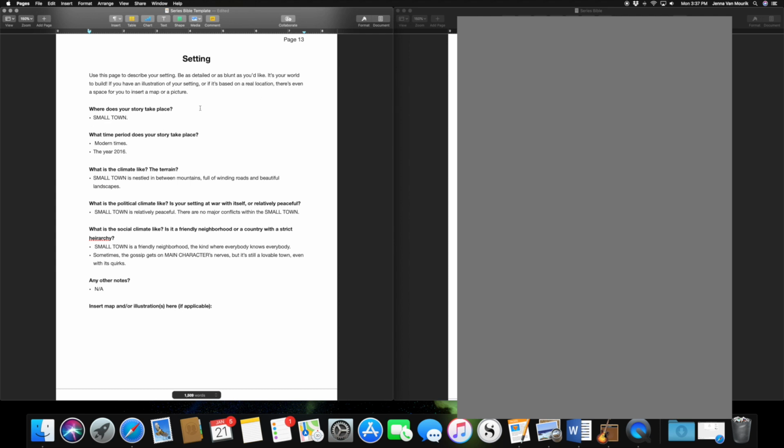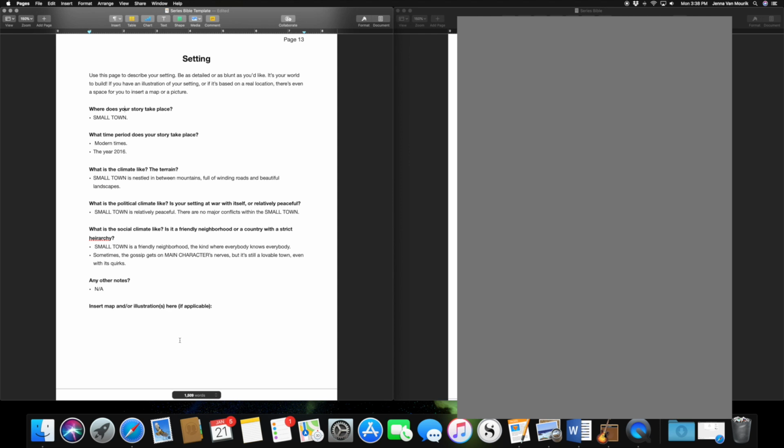If it's a fictional town or a fictional world that you made up, you can include as much background information as you'd like: social climate, political climate, actual climate, time period, and you can add in as many categories as you want. These are the main ones that I make sure to fill out when I am building a world or trying to make sure that I'm describing my setting.